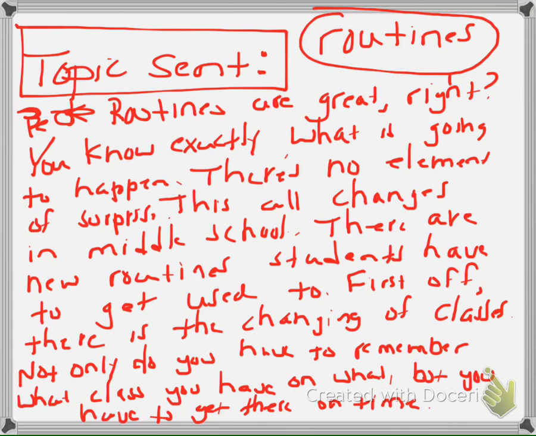Like, first off, there is a changing of classes. Not only do you have to remember what class you have on what day, but you have to get there on time. Give me a sentence that shows that this is so hard. This is like agonizing because you have to angle this. I don't care if you use one of these language of the disciplines. Go ahead.